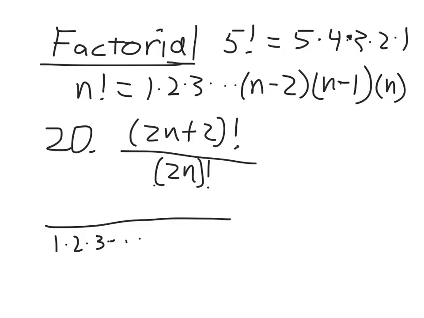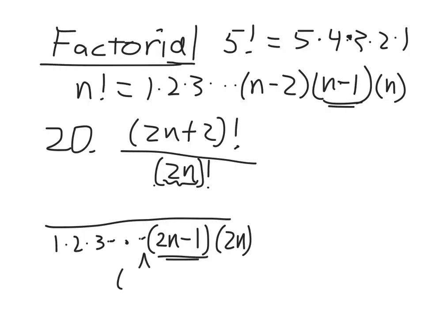What would the second to the last term of 2n factorial be? The last one would be 2n, the one before it 2n minus 1, and the one before that 2n minus 2.